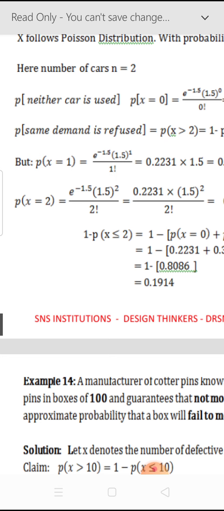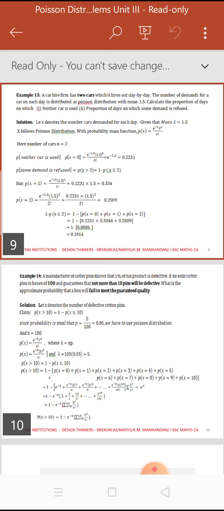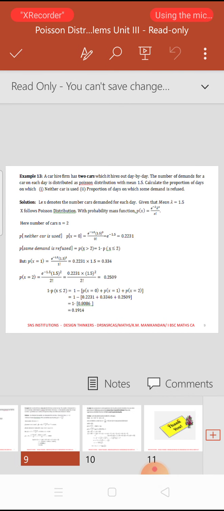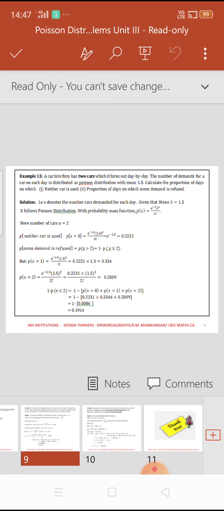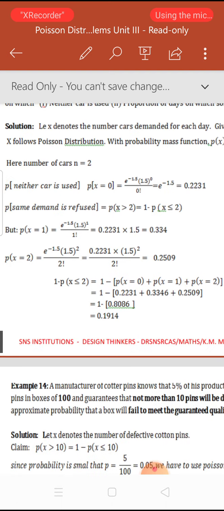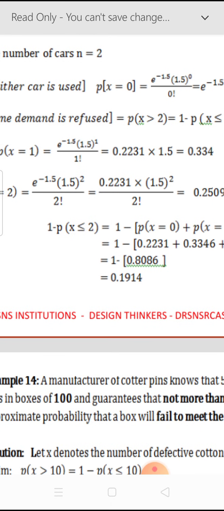So we find the probability of x is equal to 1 first. The probability of x is equal to 1 equals e power minus 1.5, 1.5 power 1 by 1 factorial. E power minus 1.5, just now we found that the value is 0.2231.